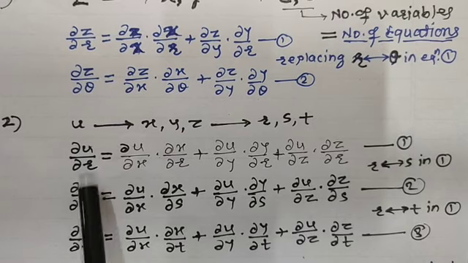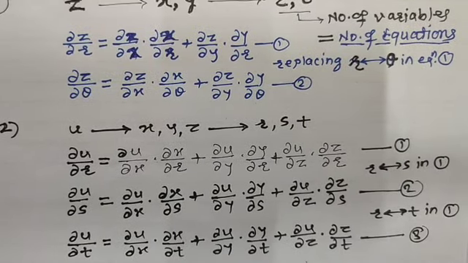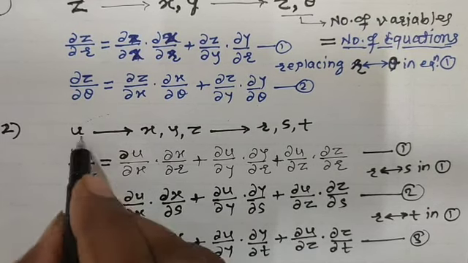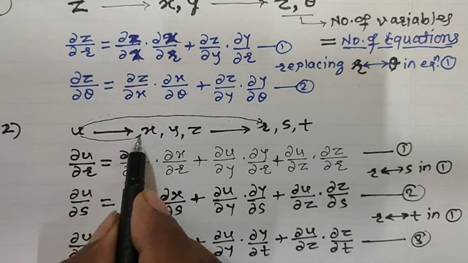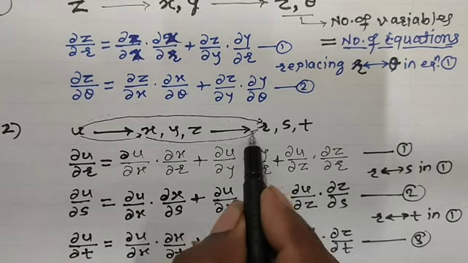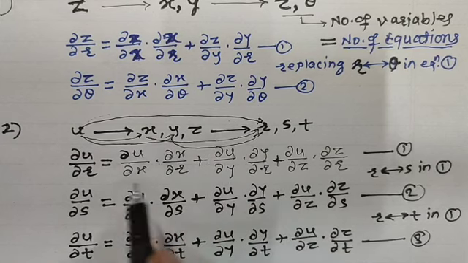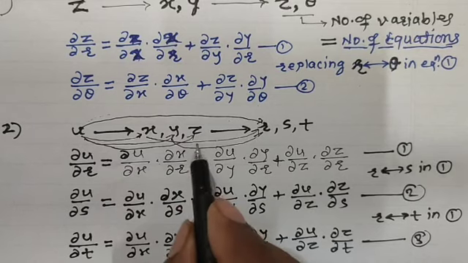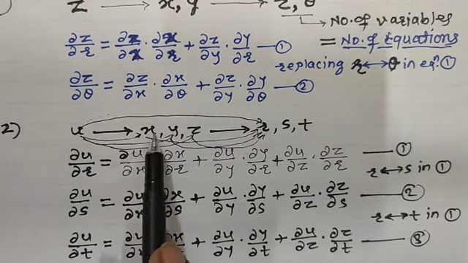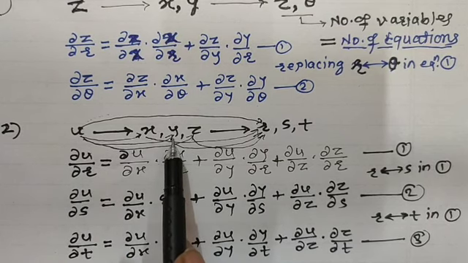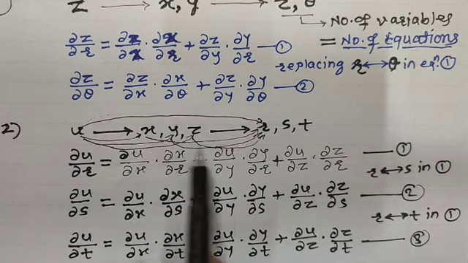Now the first equation, the partial derivative of u with respect to r, you can find by these arrows. The partial derivative of u with respect to r is equal to the partial derivative of u with respect to x and the partial derivative of x with respect to r, then the partial derivative of u with respect to y and the partial derivative of y with respect to r, and third, the partial derivative of u with respect to z and the partial derivative of z with respect to r.